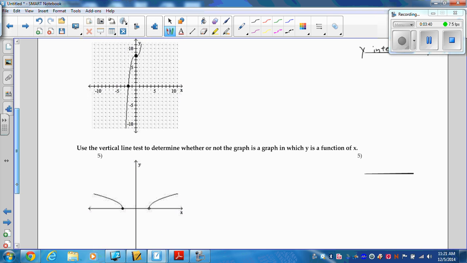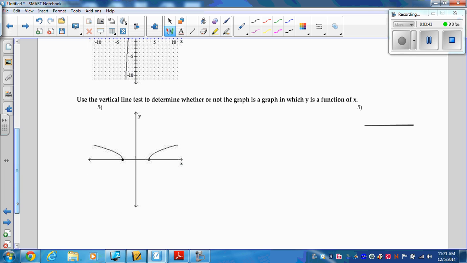Okay, question number 5. Use the vertical line test to determine whether or not the graph is a graph in which y is a function of x. So what they're asking you to do in this case is to use the vertical line test. Do you have any vertical places where you can put your pencil across and it will cross 2 places of your function?